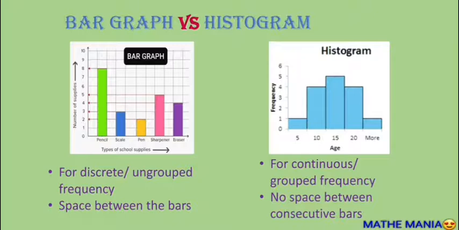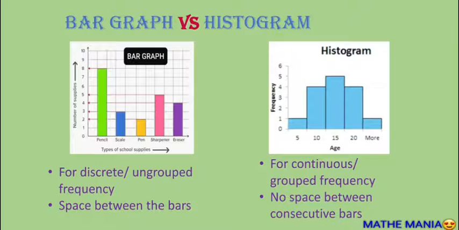The main reason for this is that in a discrete frequency, we are not taking every possible value. For example, if we have a discrete table and the first value is 2 and the second value is 7, we are not taking any values between 2 and 7.